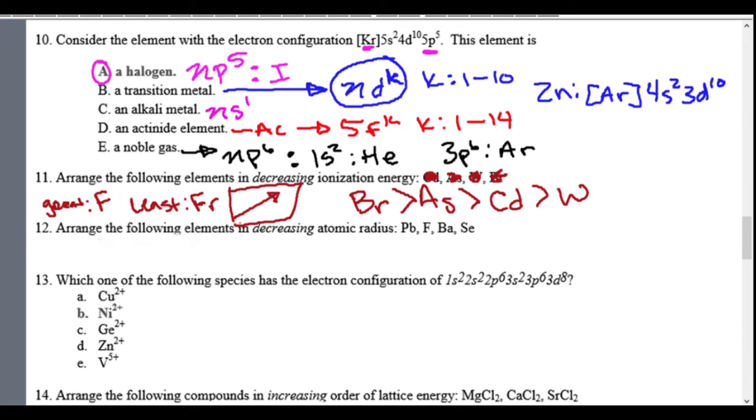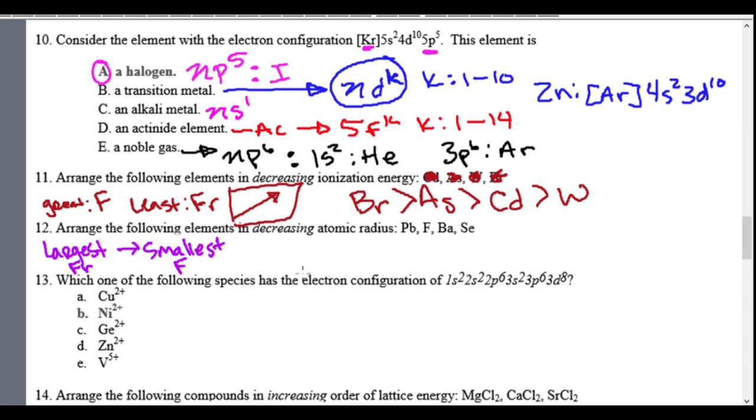Decreasing atomic radius. So we want largest to smallest. The largest is going to be francium, and the smallest is going to be fluorine.